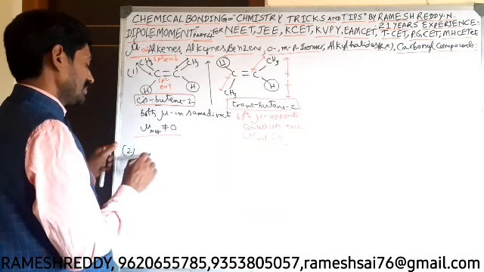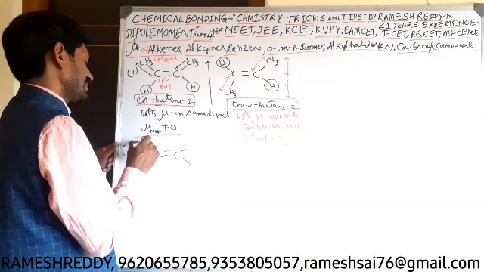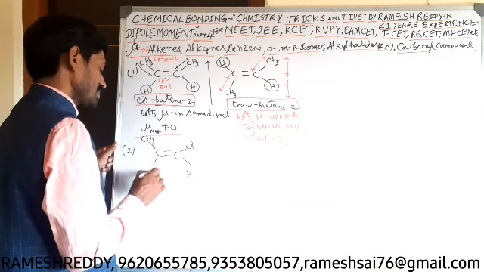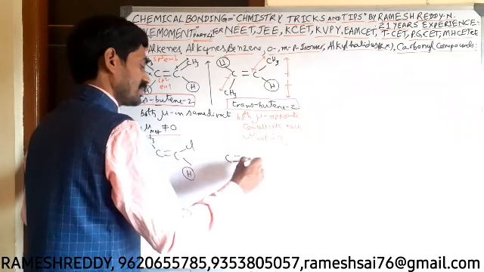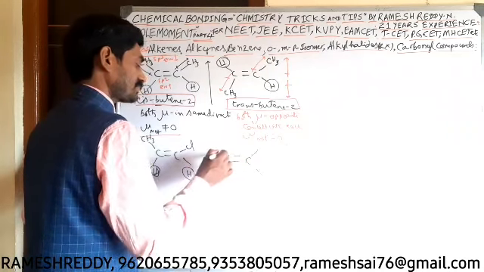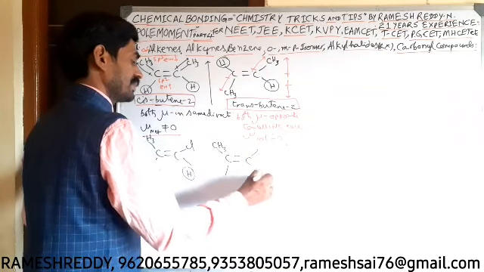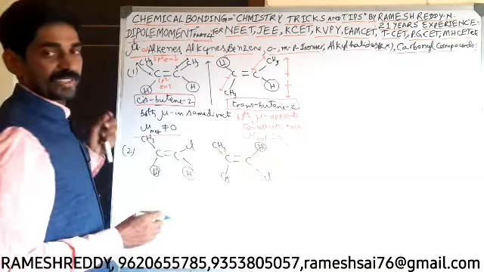Take a double bonded alkene with a methyl group and a chlorine atom, and two similar hydrogens. Its isomer you have to represent like this: the methyl group on one side, chlorine on the opposite side, and hydrogen also on the opposite side of the double bonded carbon.